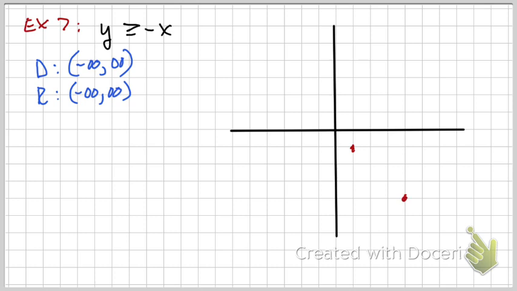What if x is negative 3? So then I've got this. But that's not an equation. That's an inequality. Which means what?